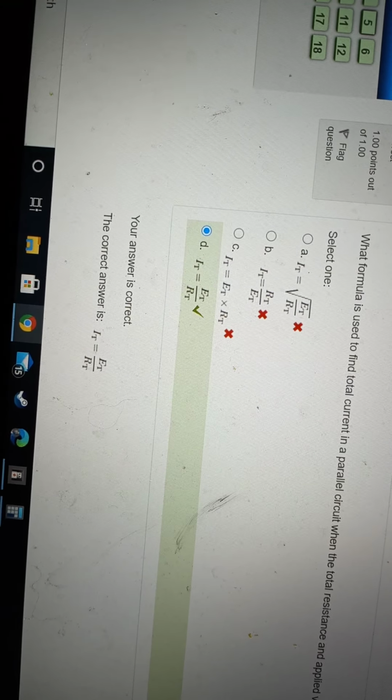What formula is used to find the total current in a parallel circuit when the total resistance and applied voltage of the circuit are known? You use I total equals E total over R total.